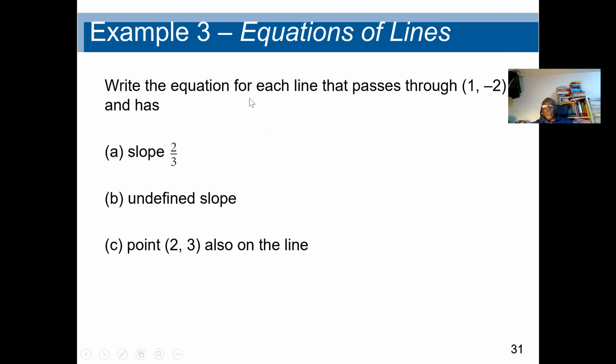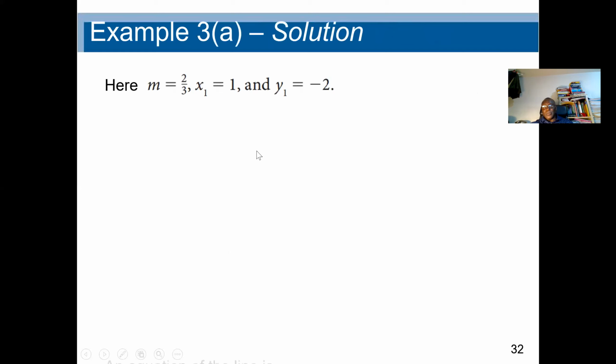Here they say we should write the equation for each line that passes through 1 and -2. The slope is what? 2/3. Let's do the first one, 2/3. Now here they give me the slope already. They give me 1 point. So just plug in the values. So y minus y1, -2, equal to slope 2/3 times x minus 1, because x1 is 1.